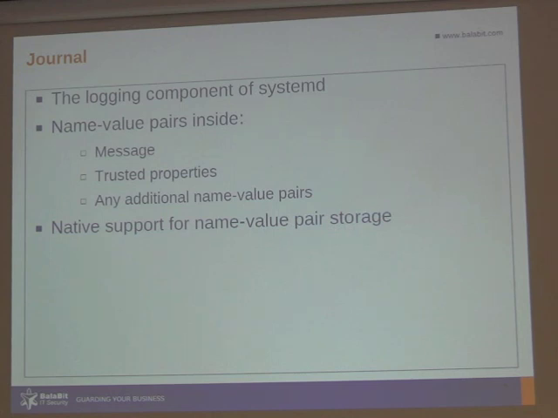So applications cannot fake this information, as can be done with traditional logging, and all of the important information can be collected. And one of the best things of the journal is that it has native support for name-value pairs from the beginning, also for storage. Syslog-ng did not have it.